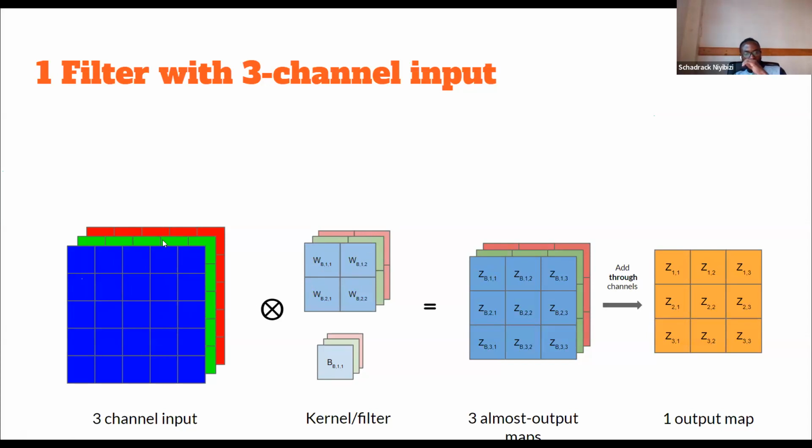We go for the red also. It will be applied to each corresponding red here. Then, since we have one filter or one kernel, it means that we need only one output feature map. That's the meaning. If we have two kernels here, it means that we'll be having two output feature maps.